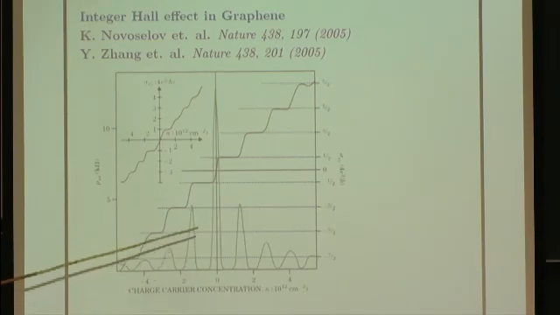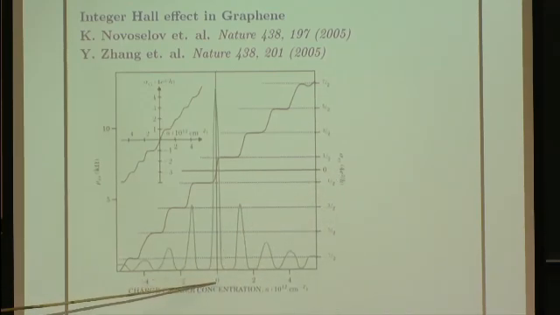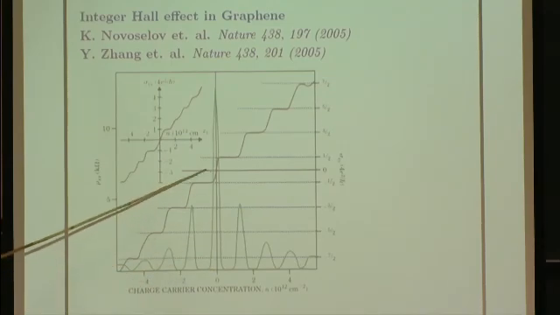One is a kind of an offset in the Hall effect, in that the Hall conductivity goes like some number times an integer plus a half, and that's because zero density is right in the middle of a Hall step.